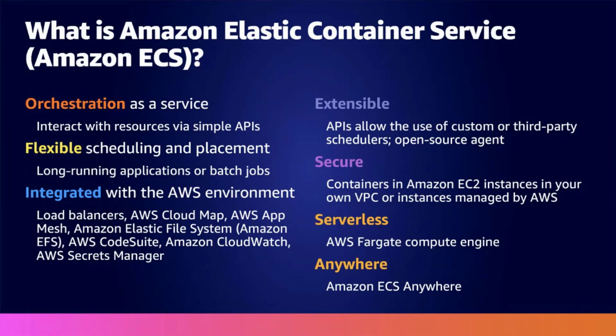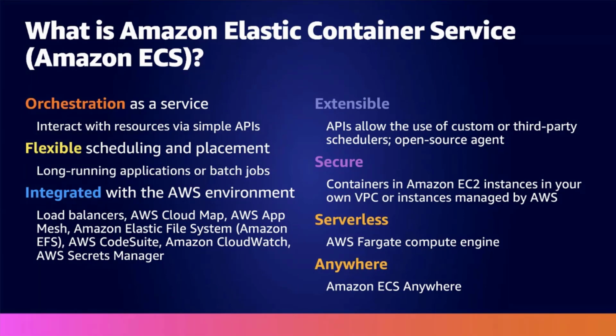We get the best of breed load balancers by using ALB and NLB and just integrating directly with those. If we need storage, we can bring in an amazing storage solution called Elastic File System, EFS. So you get the idea. Instead of having to build all of these things, and again, then you have to manage each of those, we can actually do that for you just by integrating that service directly with ECS.